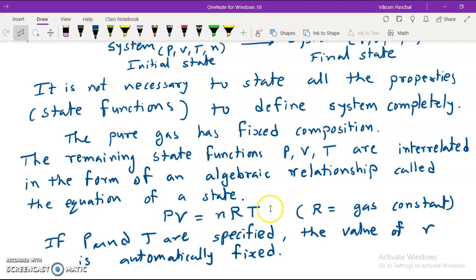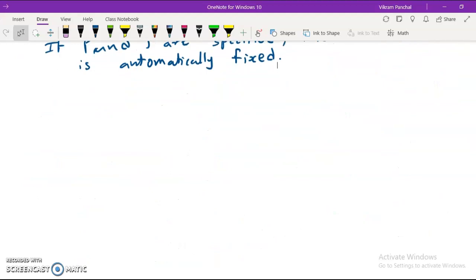So this way we can find out, if you know pressure, then we can find out temperature and volume. If you know volume, then you can find out pressure and temperature.